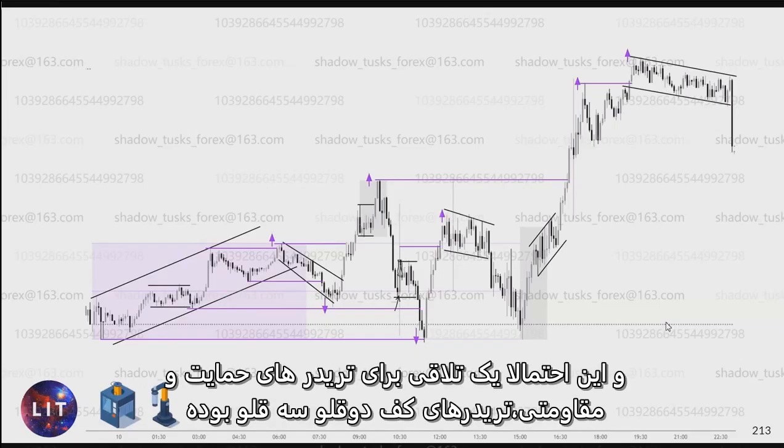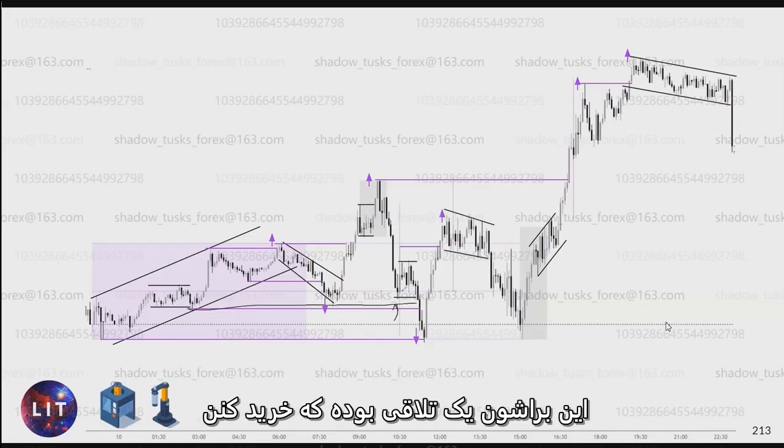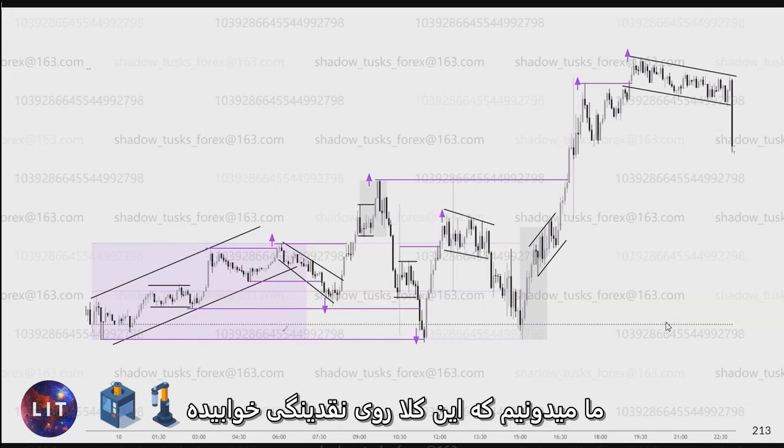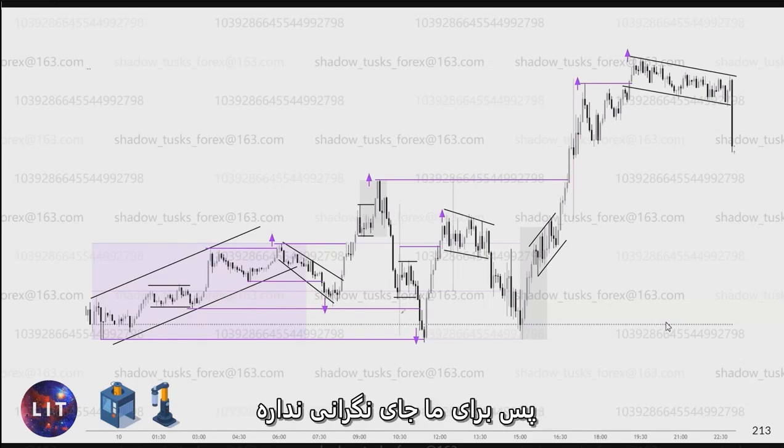And that would have been a likely confluence for any support and resistance traders, you know, the double bottom traders, or triple bottom in this case. That would have been a confluence for them to buy. So they're getting enticed in here. We know that this is just resting on liquidity, so we've got nothing to worry about.